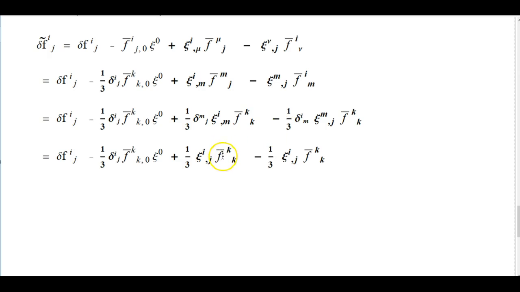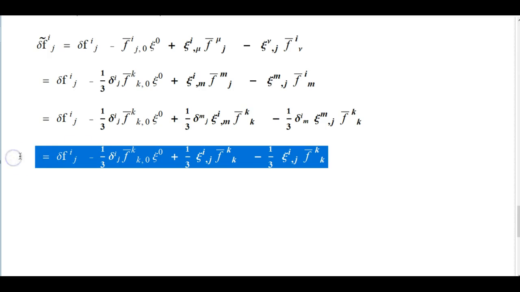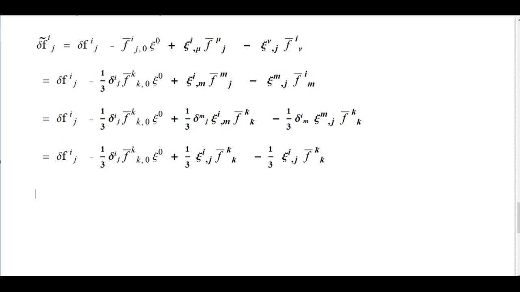And 1 by 3 xi I j f bar kk minus 1 by 3 xi I j f bar kk. This is gone. So the last two terms cancel each other.